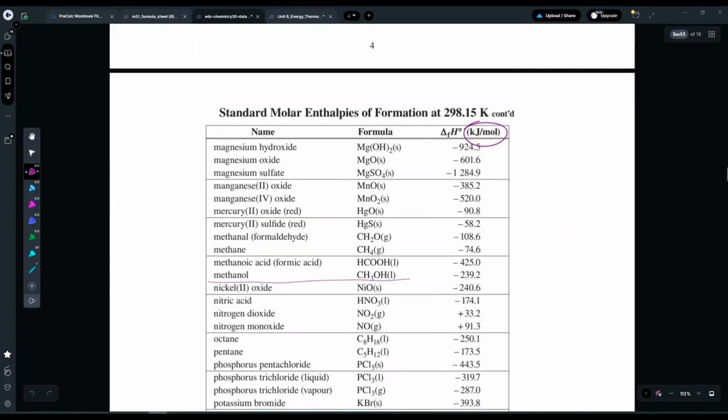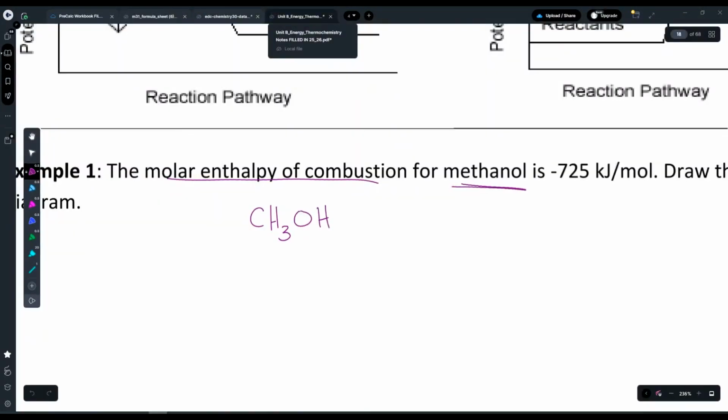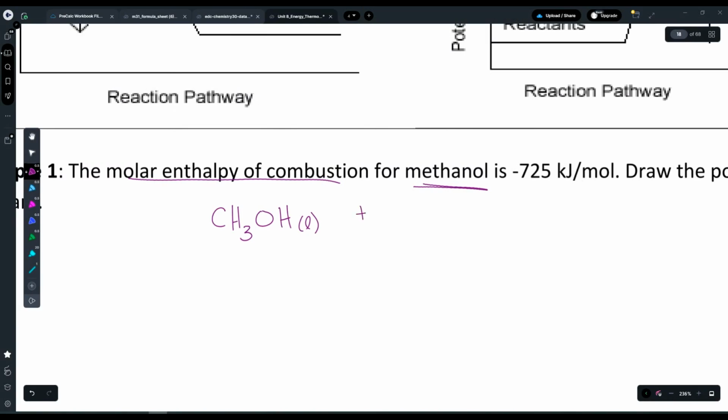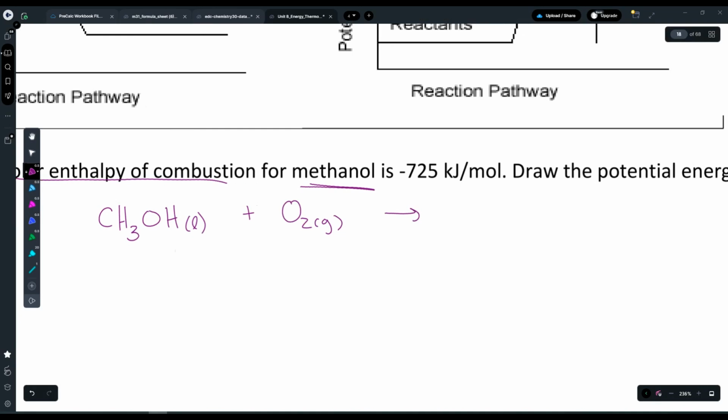And then looking up the state of methanol, it is liquid. Now, since this is a combustion reaction, we're going to take our fuel, which is methanol, and react it with oxygen. Remember, oxygen is part of the Hofbrinkel, so it's a diatomic element. And this is going to give us carbon dioxide and water vapor.